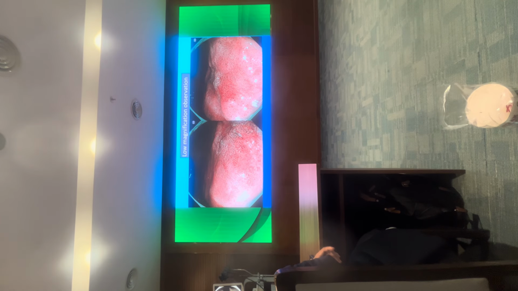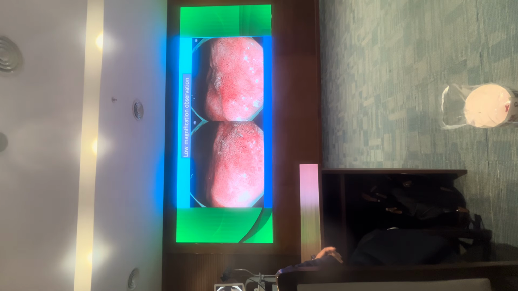So I observed at high magnification level, and we can see the margin of this region very clearly, and there is an irregular microvascular pattern, and we can delineate the tumor margin like this.